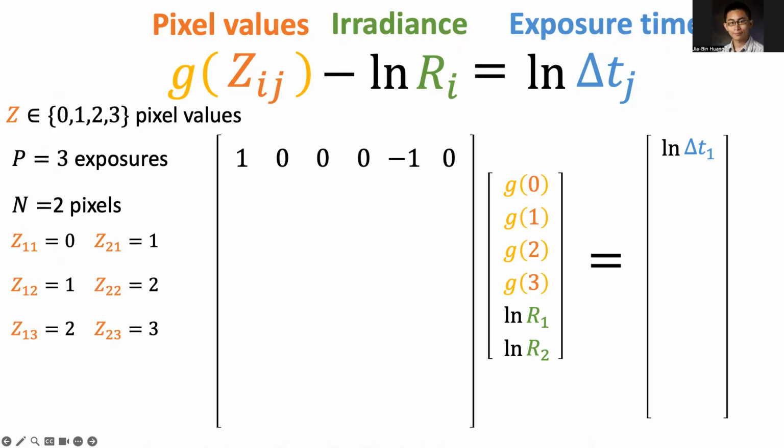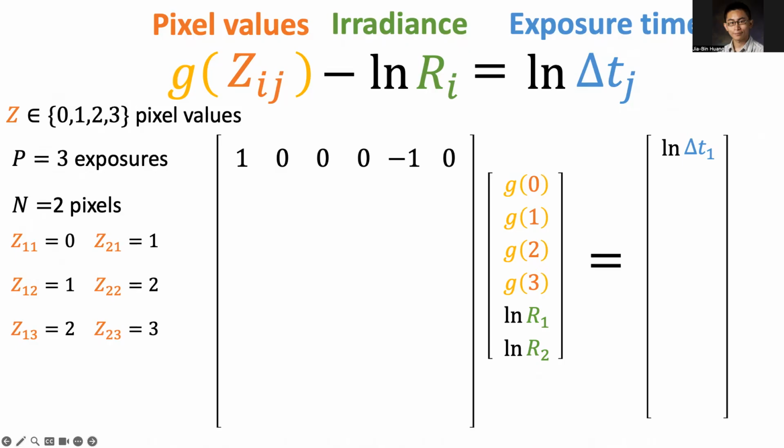If you plug in the first pixel and the first exposure, you'll find that it's basically G0 minus log R1 equals log delta T1. I'm just rewriting that equation as a row of this linear system.